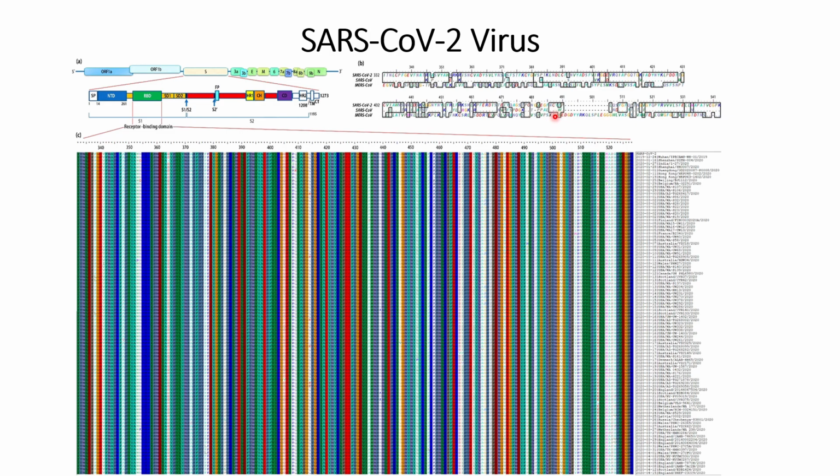There is an additional amino acid in the MERS-CoV sequence, which is absent in the SARS-CoV and SARS-CoV-2 sequences. So this is just to provide an overview that the SARS-CoV-2 virus is similar to the SARS-CoV virus, but different from the MERS-CoV virus.